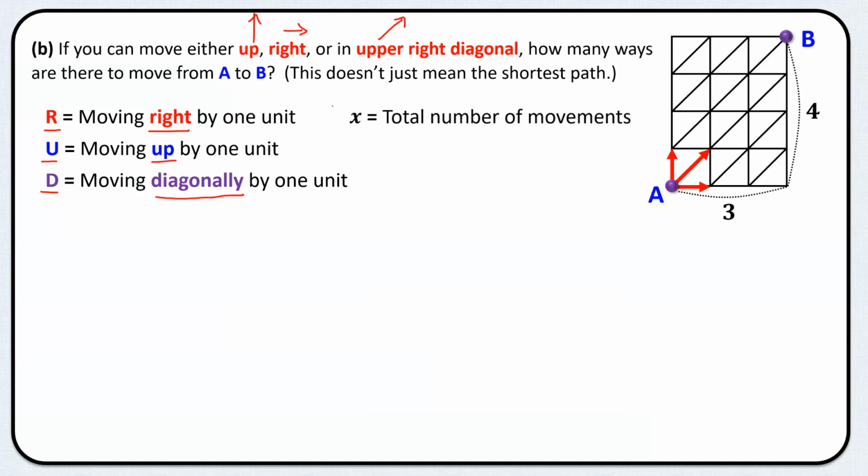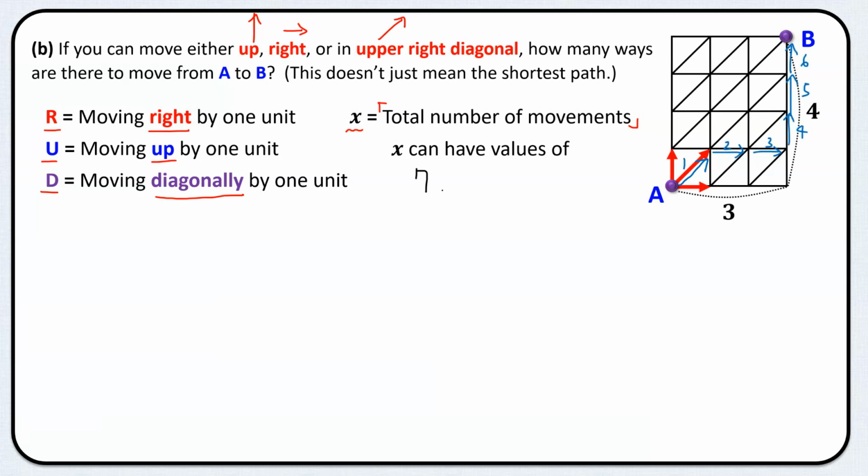We must introduce one more parameter called X. X is the total number of movements, which in this problem is not fixed and can change. So, what values can X have? The obvious one is 7, meaning 3 times right and 4 times up, and no diagonal movement. But what would happen if we include one diagonal movement?